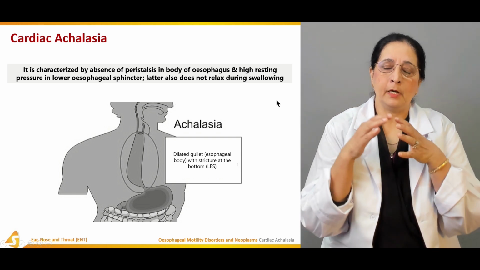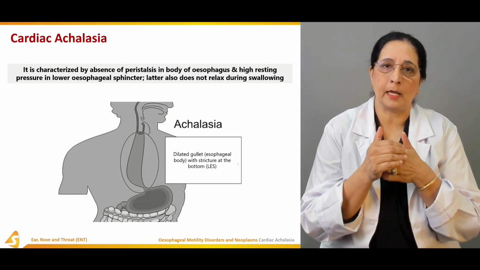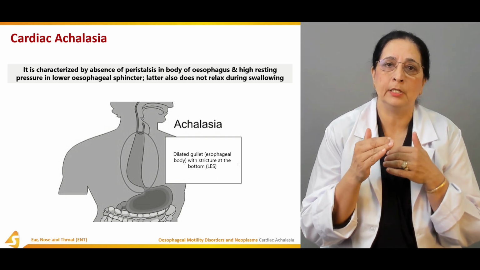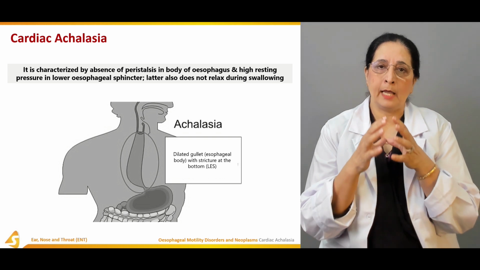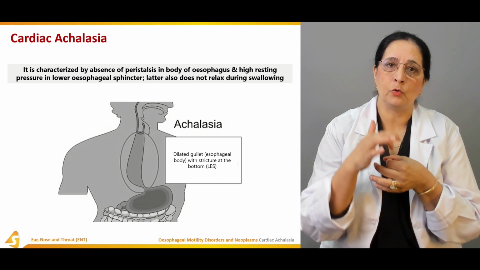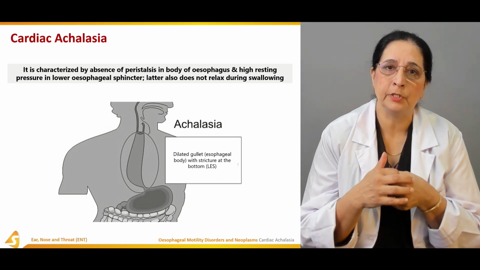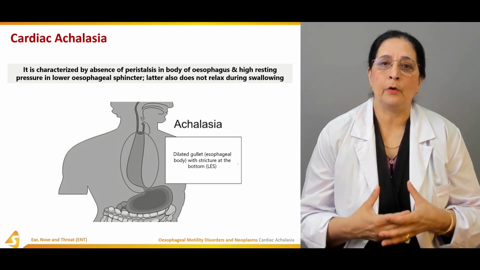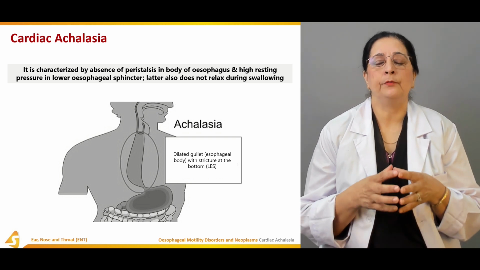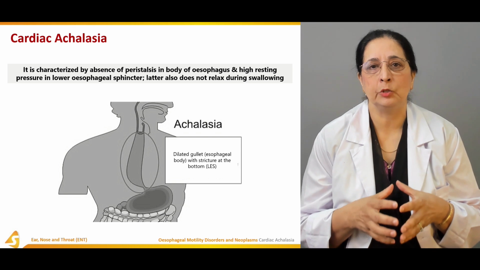As compared to cricopharyngeal spasm, which involved the upper esophageal sphincter, remember, the upper esophageal sphincter controls the entry of food into the esophagus, and the lower esophageal sphincter controls the passage of food from the esophagus into the stomach.